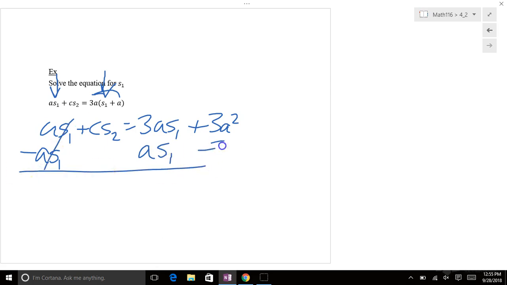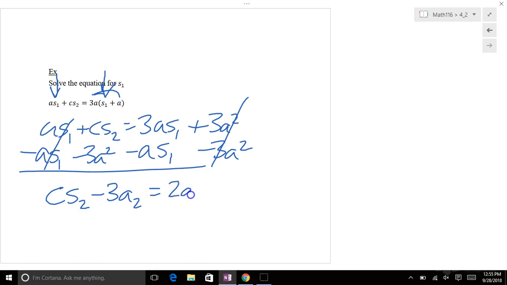And then I'm going to take this over, trying to get my S1s together. So I get CS subscript 2 minus 3A squared equals 3AS1 minus AS1. So 3A minus 1A is 2A S1s.